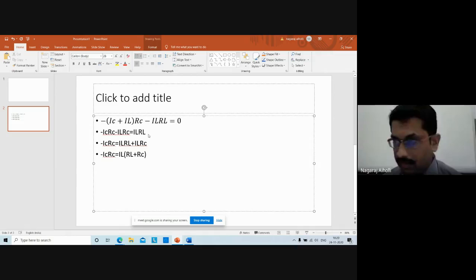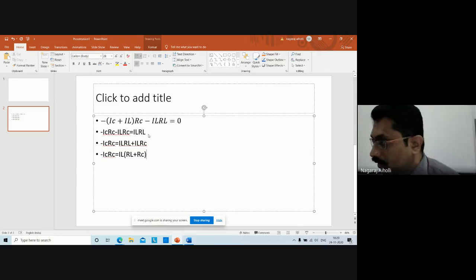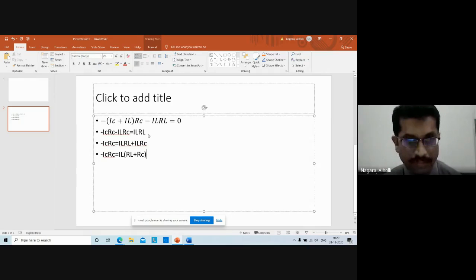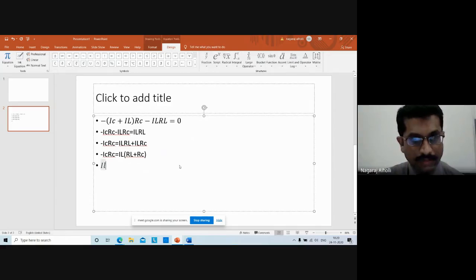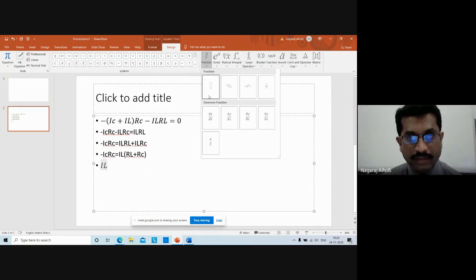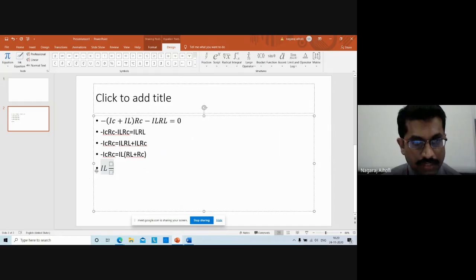Now what do we want here? We want the ratio of IL to IC, IL by IC. Therefore, IL by IC will be equal to, dividing by IC, minus RC divided by RL plus RC.